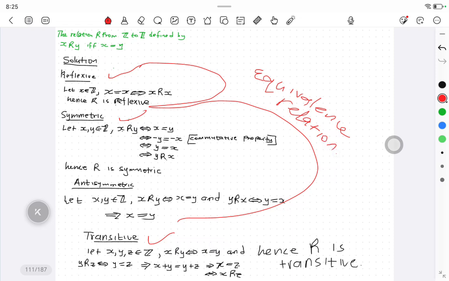We say right now, if R is reflexive, symmetric, and transitive, we call this an equivalence relation. So for sure, you might know how to define an equivalence relation, because usually they bring the definition. So we can say that R is called an equivalence relation if it is reflexive, symmetric, and transitive. That is how simple it is to define such a definition.